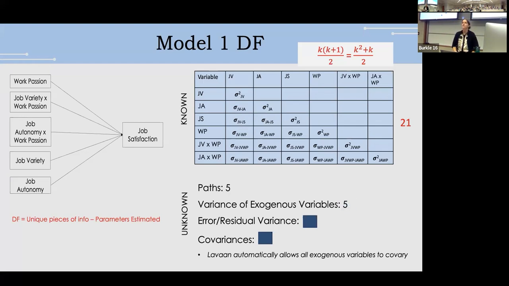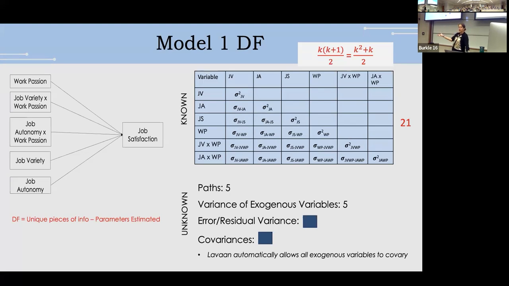How many error or residual variances do we have? 1. What's a residual variance? Very nicely said. Variance not explained. How many variables are we explaining variance for in this model? 1. So these 5 predictors are predicting job satisfaction. That's going to explain some chunk of the spread in job satisfaction.